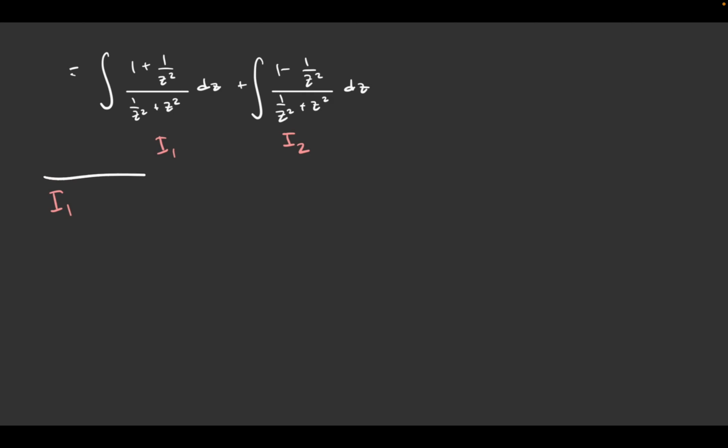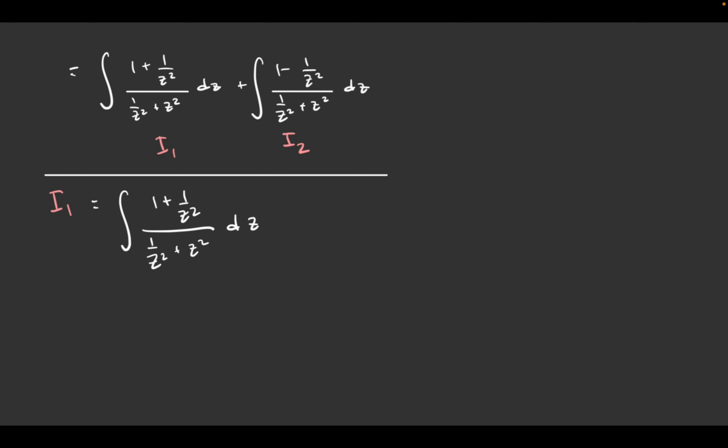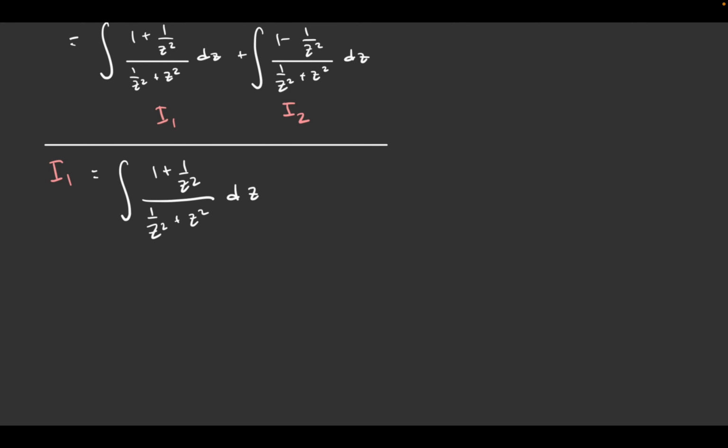So, markings, ayan. I1 is equal to the integral of 1 plus 1 over z squared over 1 over z squared plus z squared dz. Okay? So, from this, how do I go sa pag-solve dito? We know, sige no, mag-note lang ako here, we know that if z minus 1 over z, let's do that, is u.